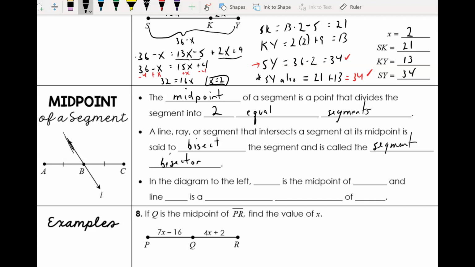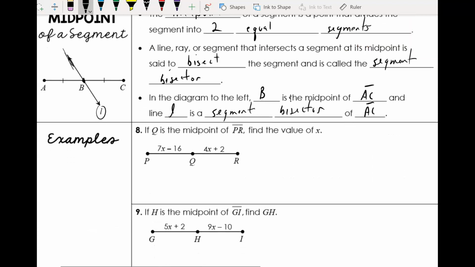All right, in the diagram to the right, B is the midpoint. This is the midpoint right in the middle of segment AC, and line L, this is L right here, is a segment bisector of segment AC.